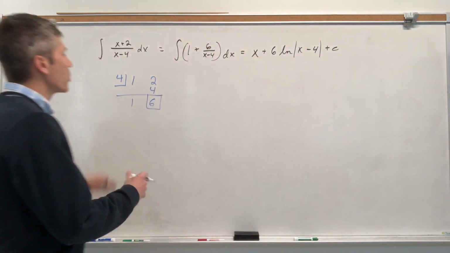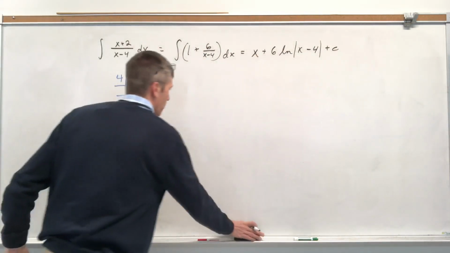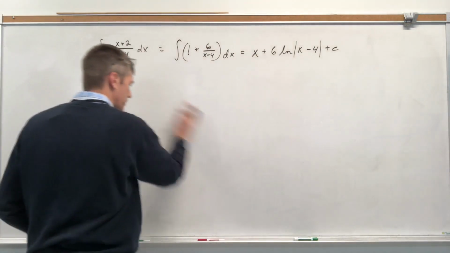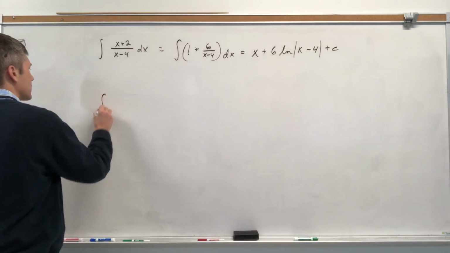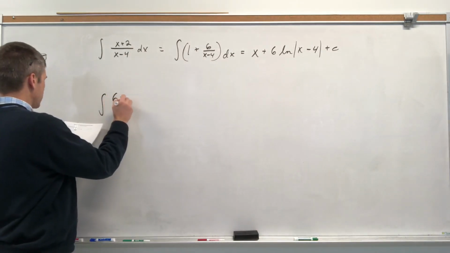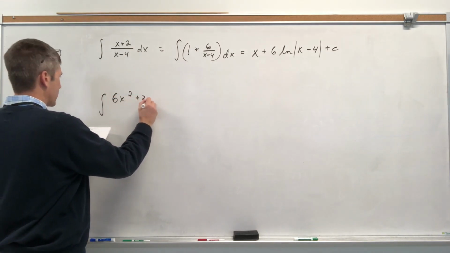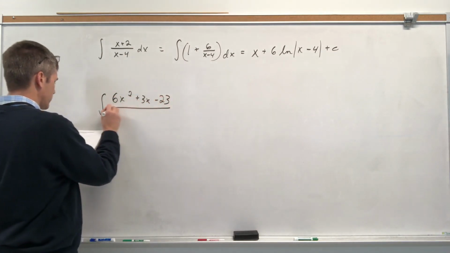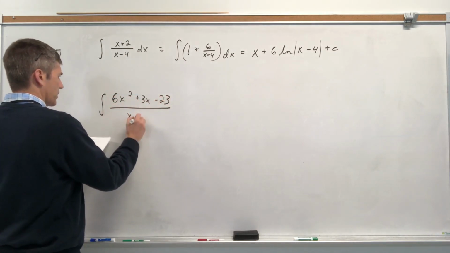Okay? So we're going to move to the next problem, and it's going to look almost exactly like this one, only a little bit lengthier. And it looks like this: 6x squared plus 3x minus 23 over x plus 5.